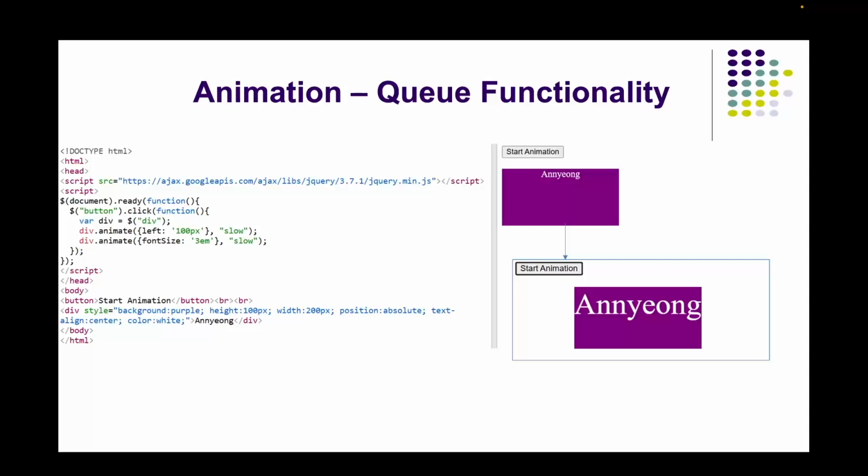Here we are animating the text size to grow to 3em. Note that you must use camelCase for properties, so fontSize becomes f small and S in caps for fontSize.